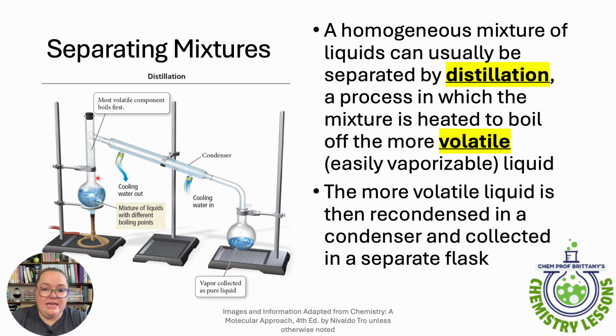So if we can heat up our mixture between 85 degrees and 100, what'll happen is the ethanol will evaporate, the water will stay, and then we can collect that gaseous ethanol, condense it in our condenser, and get liquid out on the other side. So if you've ever taken a tour of a distillery, this is what you're going to see happening there. So the more volatile liquid, the one that will evaporate more quickly, is what gets recondensed and collected. So this is how we would separate those two things.